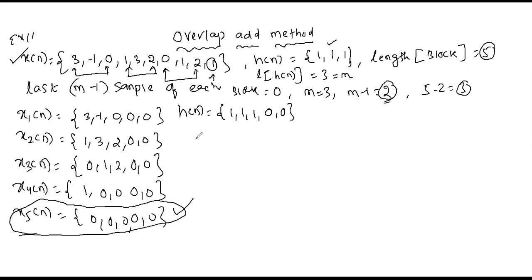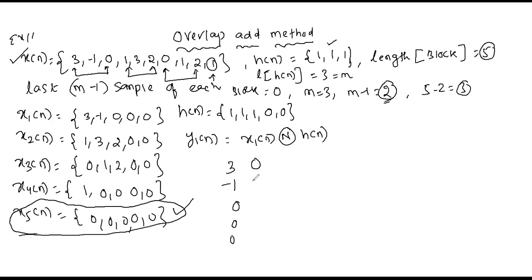Now the next step is simple: find y1(n) equals x1(n) circular convolution with h(n). Now you all know the process. x1(n) is 3, minus 1, 0, 0, 0. Now you know the steps. 3, minus 1, 0, 0, 0.